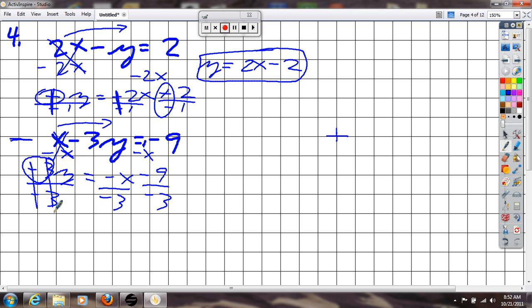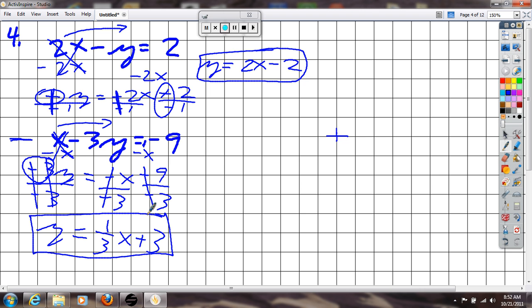The 3's cancel. Where the x is, I got negative in front of the x, negative in front of the 3. Double negative cancels. Over here on the 9 and 3, I have a double negative. They cancel. So I'm left with y on the left side is equal to 1/3 x. Plus is now over the 3, 9. So it's a plus, and 9 divided by 3 is 3. So there's my second graph point equation.